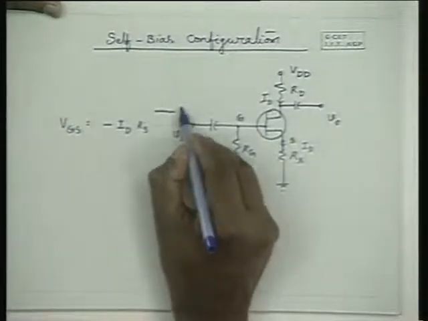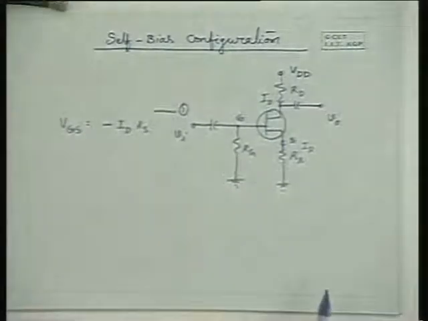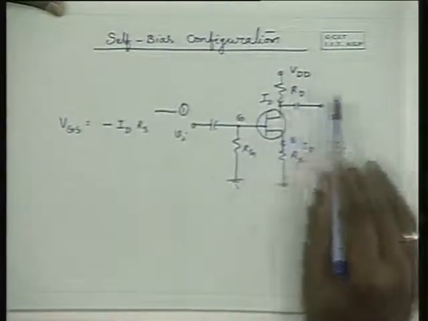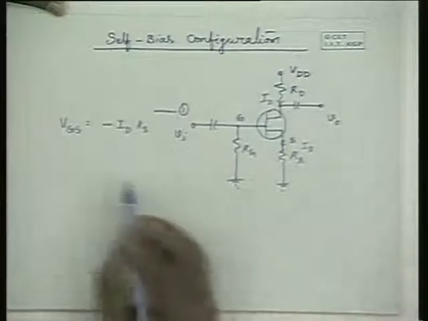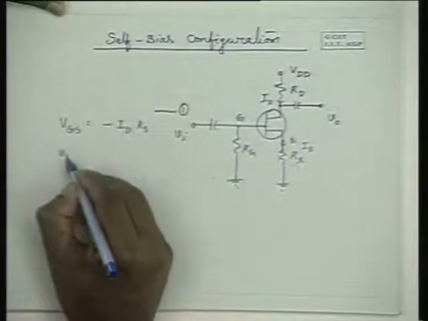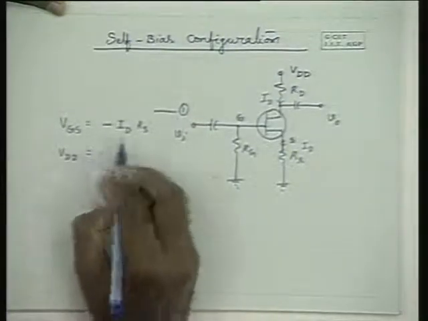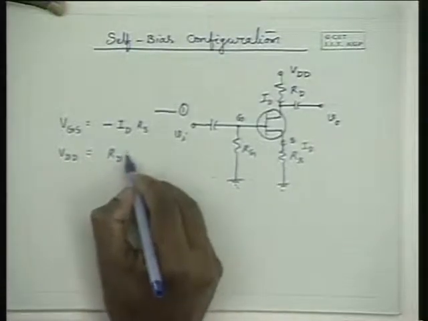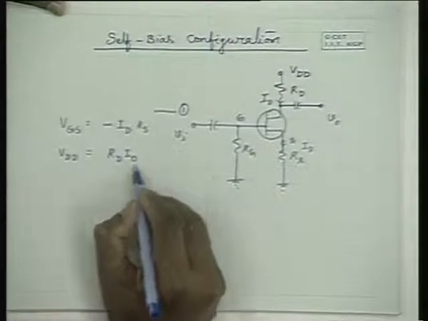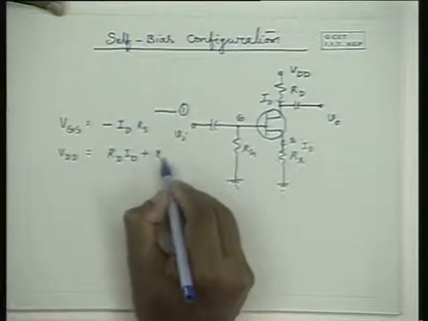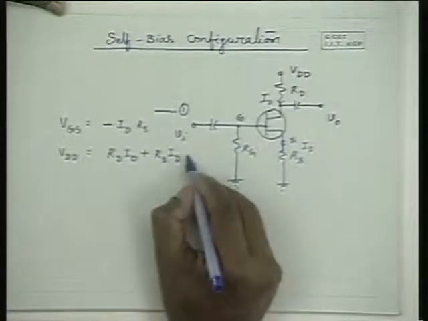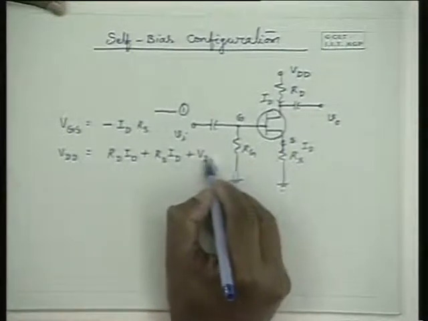This is our equation 1. Now, the output side equation gives us another equation. That is VDD is equal to RD ID plus RS into ID plus VDS.